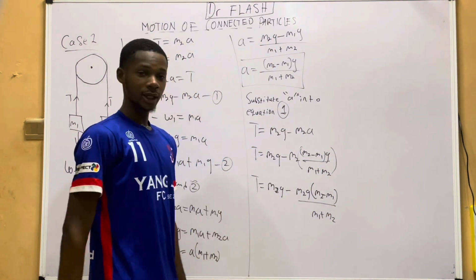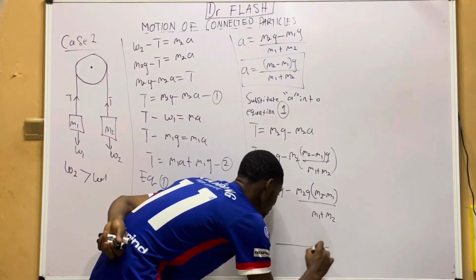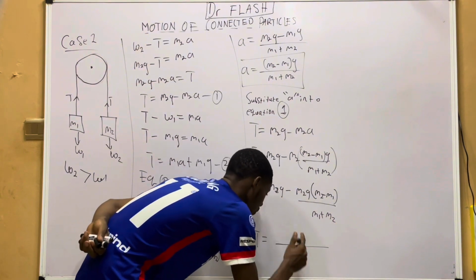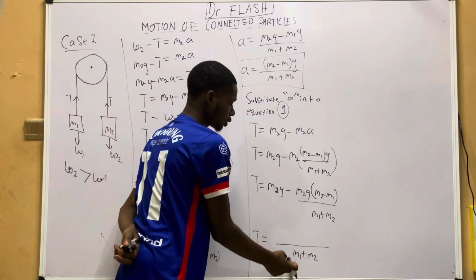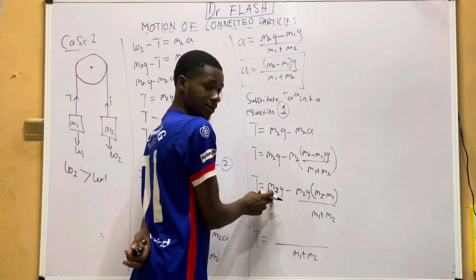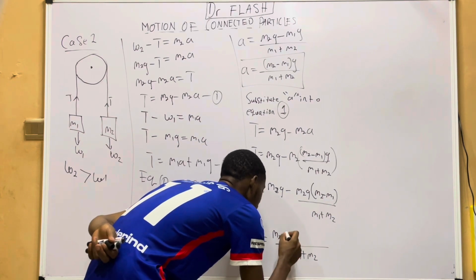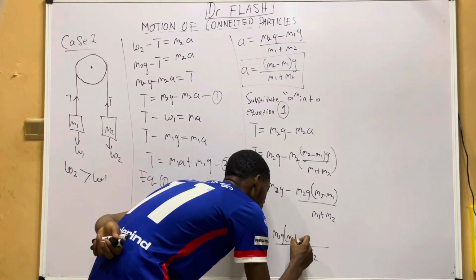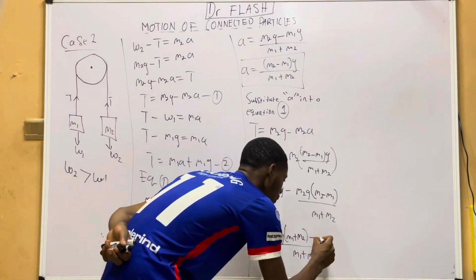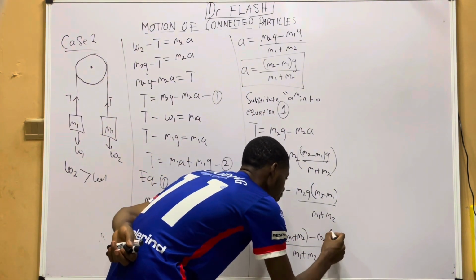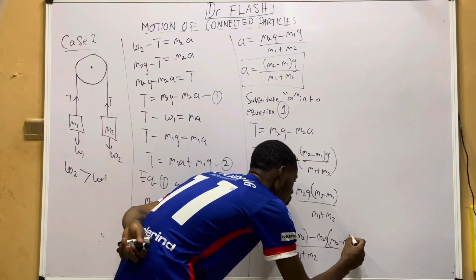Now, here we can take LCM. By taking LCM, we should obtain T equal to the LCM of 1 and M1 plus M2, which is simply M1 plus M2. So 1 goes into this, that's M1 plus M2 times M2G. So we're going to get M2G into brackets M1 plus M2, minus M2G into brackets M2 minus M1.